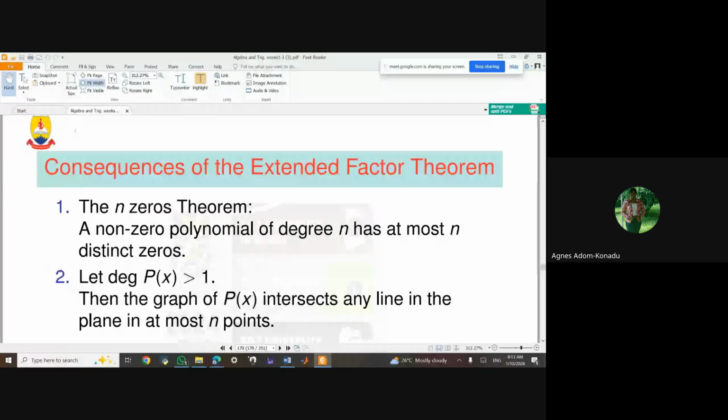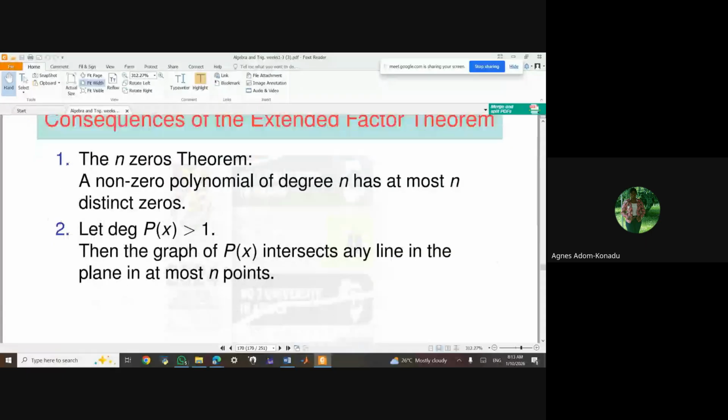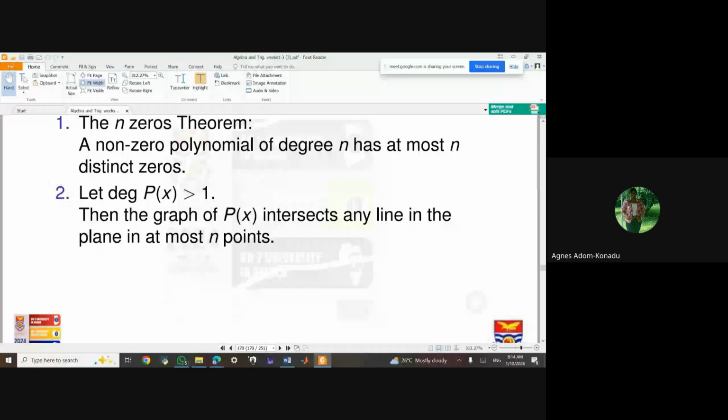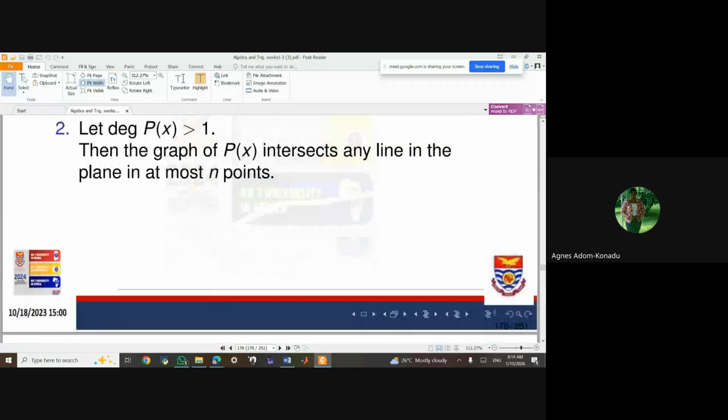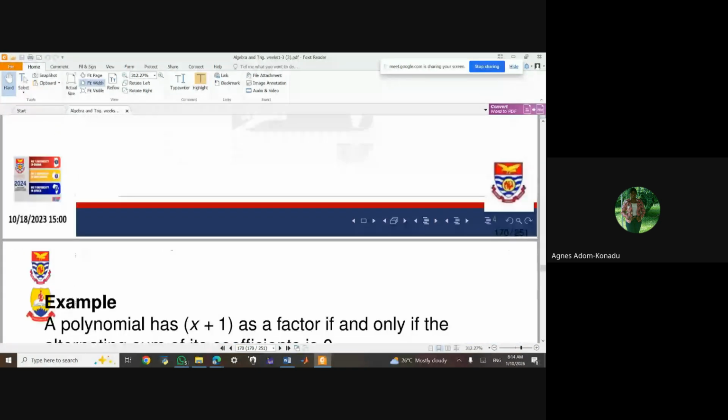The n zeros theorem says that a non-zero polynomial of degree n has at most n distinct zeros. Let the degree of P of x be greater than 0. Then the graph of P of x intersects any line in the plane at most n points.